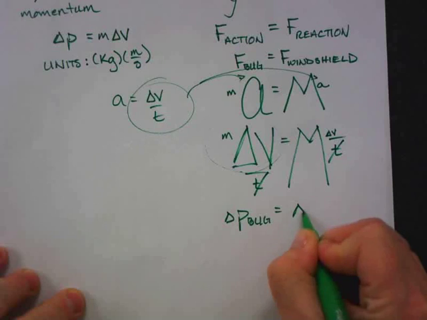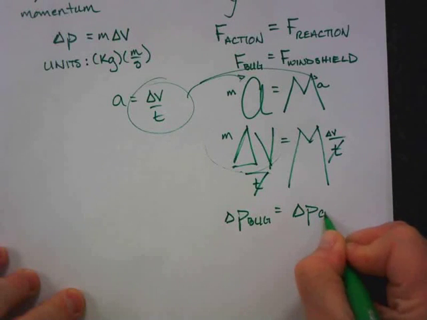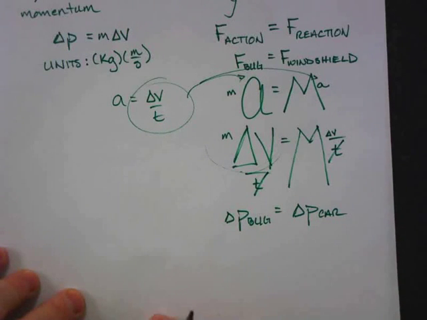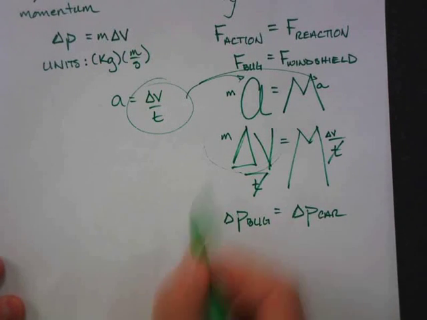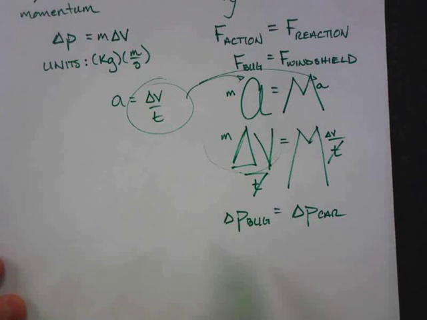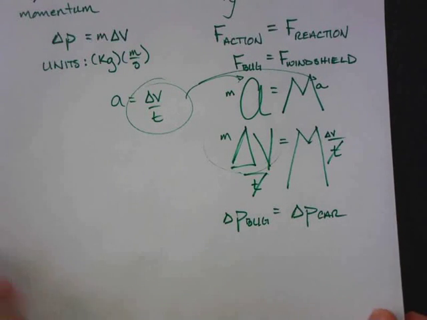So change in momentum for the bug is equal to the change in momentum for the car. And that's really what collisions are all about. It's about transferring momentum, and it's basically about doing this simple conservation law for any collision that occurs.